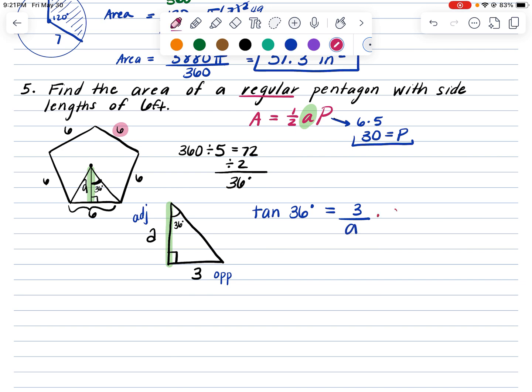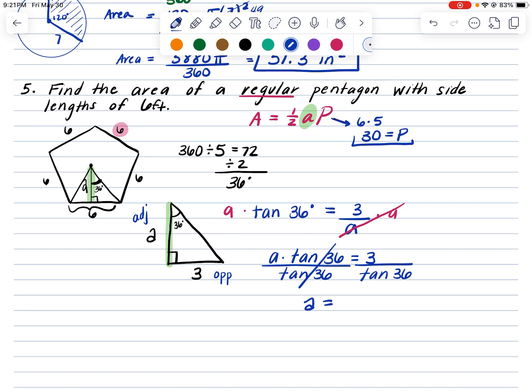I need to get A out of the denominator, so I'm going to multiply both sides by A. And I get A times tangent of 36 is equal to 3. Divide by tangent of 36. And so 3 divided by tangent of 36 is our apothem.